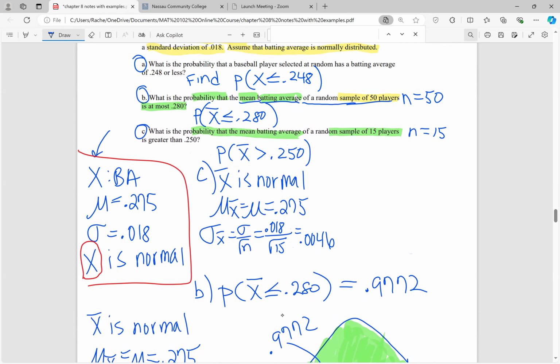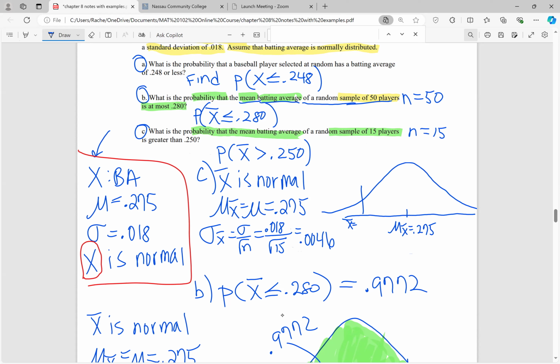So now let's get this probability. So I'm going to sketch my normal distribution. Mu sub x bar is going to go in the middle. So mu sub x bar in this case is 0.275. And we want to find the probability that x bar is greater than 0.250. 0.250 is less than 0.275, so I'm going to put it to the left.